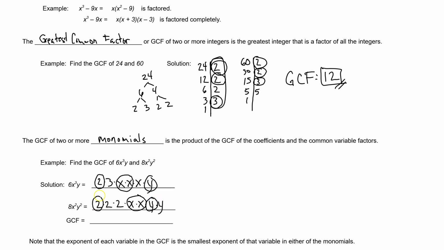And so 2 times x times x is x squared and y. So 2x squared y would be the greatest common factor of 6x cubed y and 8x squared y squared. Notice that the exponent of each variable in the greatest common factor is the smallest exponent of that variable in either of the monomials. All right, thank you. Let's go practice.